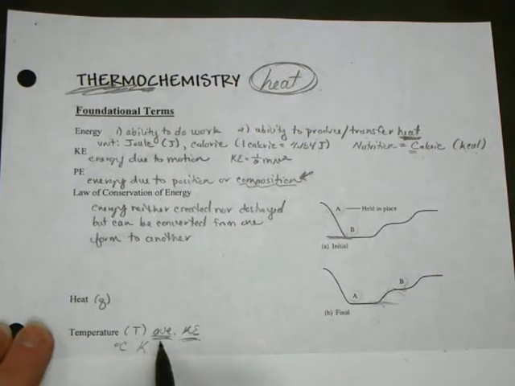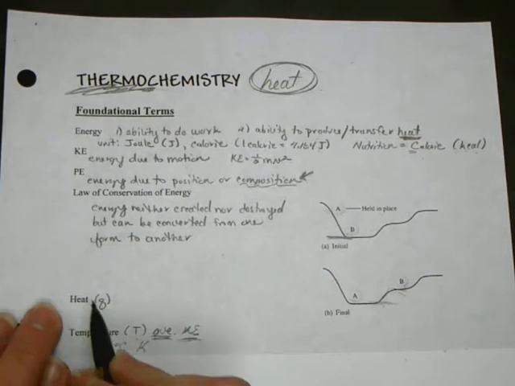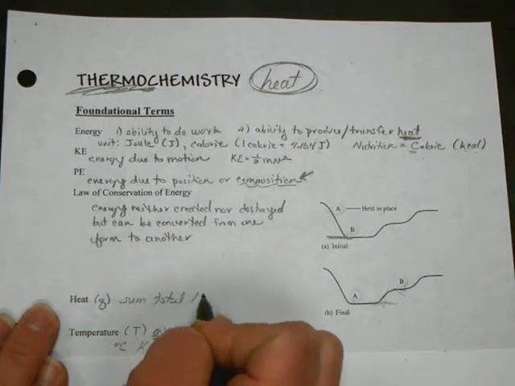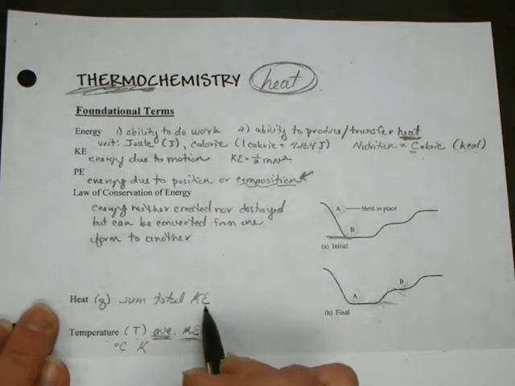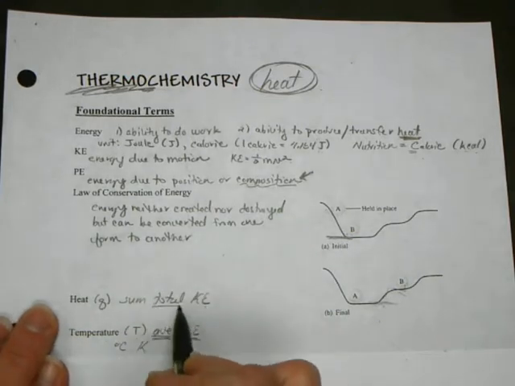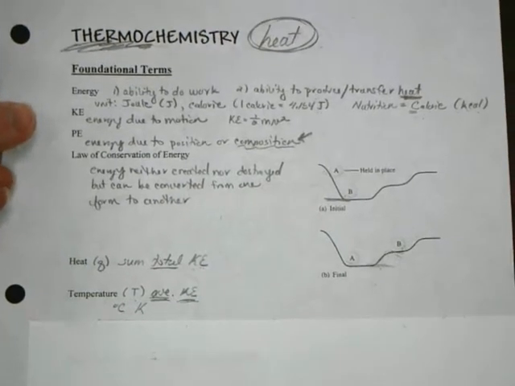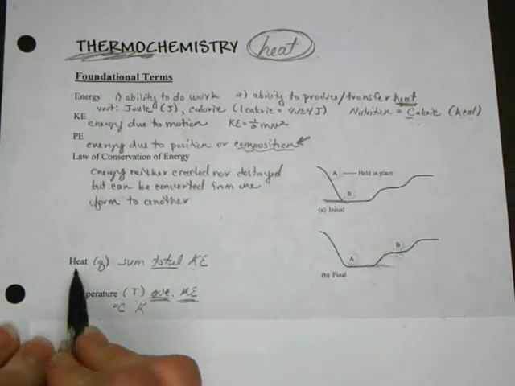Well, in contrast to temperature being the average kinetic energy amongst the particles in a sample of matter, heat is the sum total of the kinetic energy in the particles in a sample of matter. The total kinetic energy. Where we can directly measure temperature, we cannot directly measure heat.